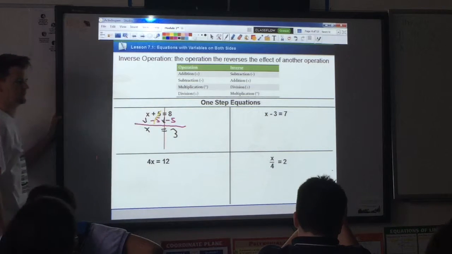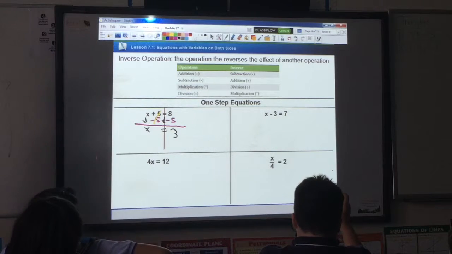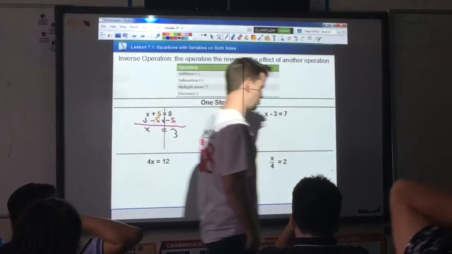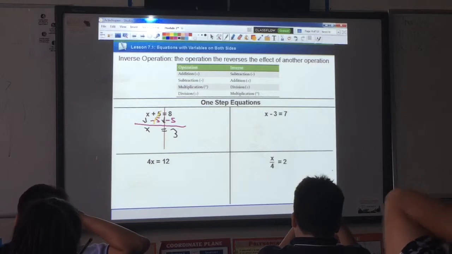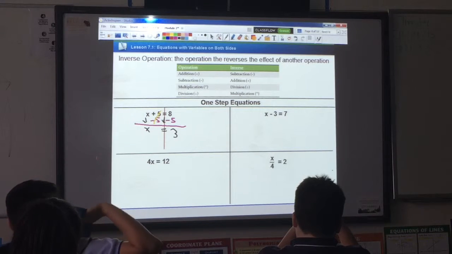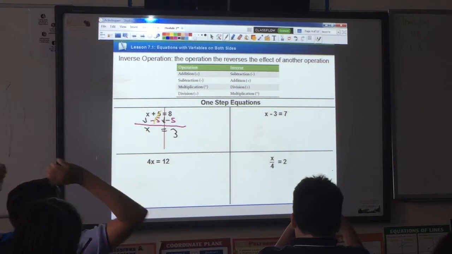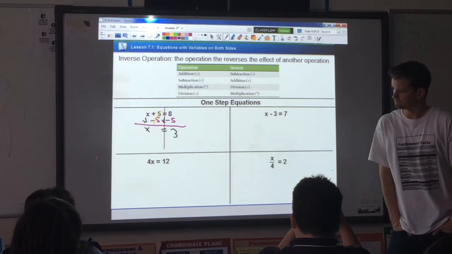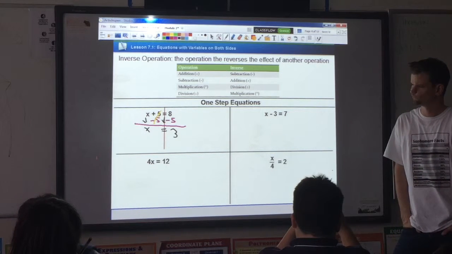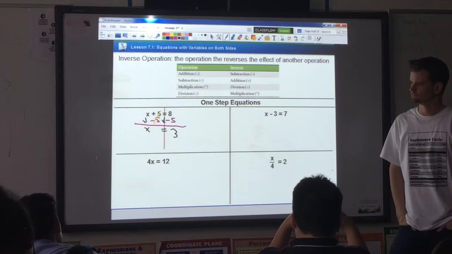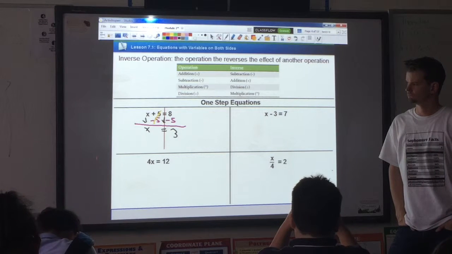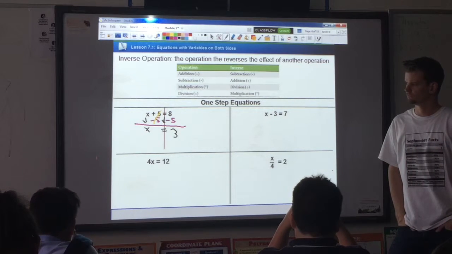Simple. That one's done. How can you check to see if that answer is correct? Lucas, what can you do to check to see if 3 is correct? You do the opposite way, instead of subtracting, you add 5 and 3, and you get your answer.